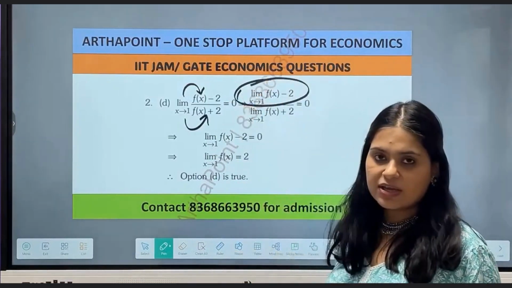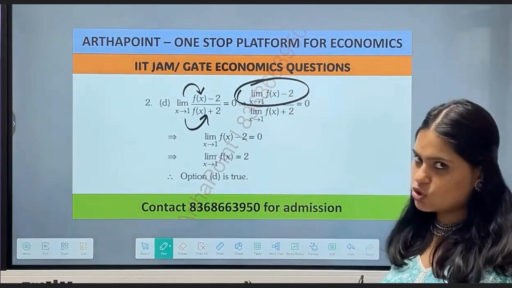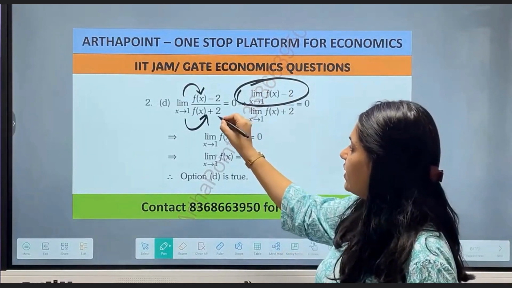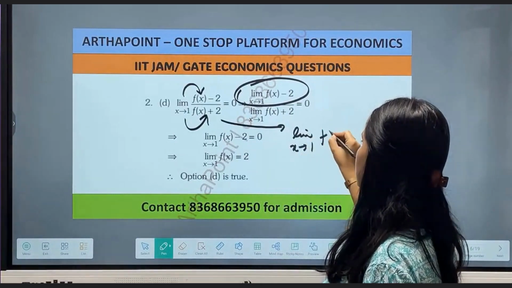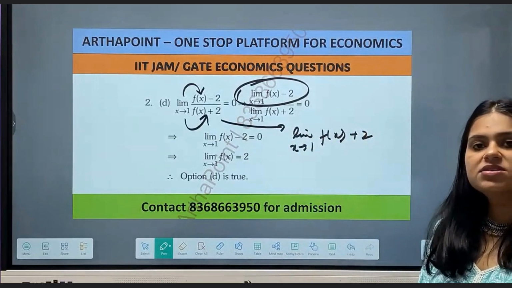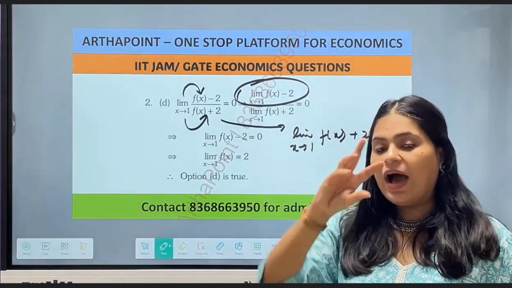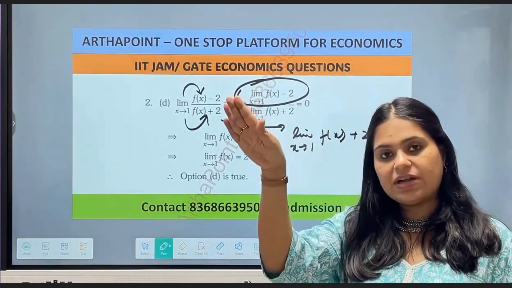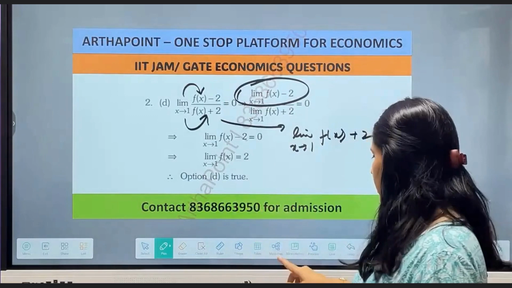The limit of a constant is not applied, so it will be the limit as x tends to 1 of f(x) minus 2. Similarly, in the denominator I will get the limit as x tends to 1 of f(x) plus 2. So the limit which existed for the fraction, I have taken separately for the numerator and separately for the denominator.